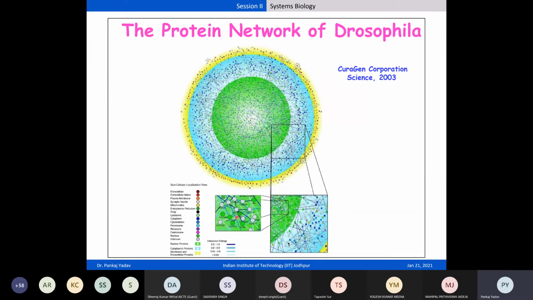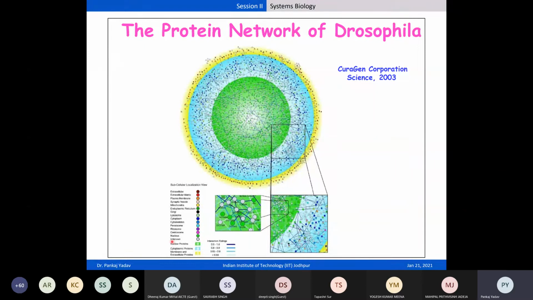If you zoom in, you can find which kinds of proteins are interacting with each other. It is basically a protein interaction network, which means that if there is a functional or physical interaction between any two proteins, that will be reflected by the strength of the edge shown between them.